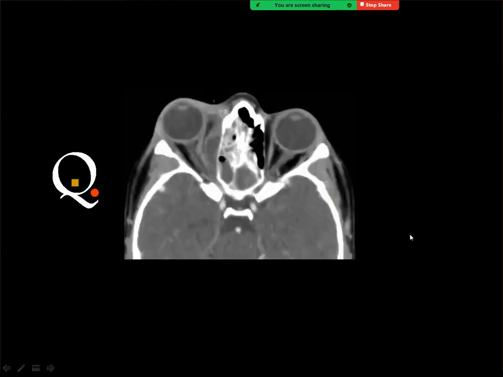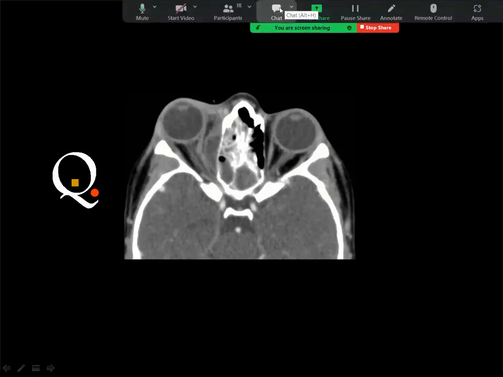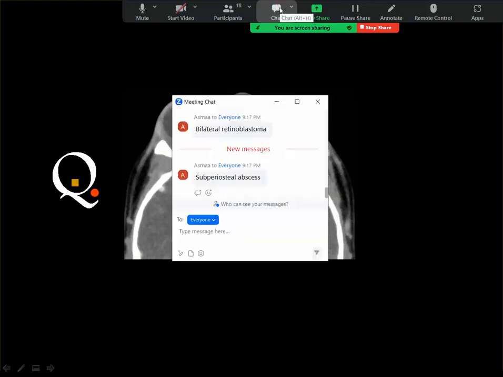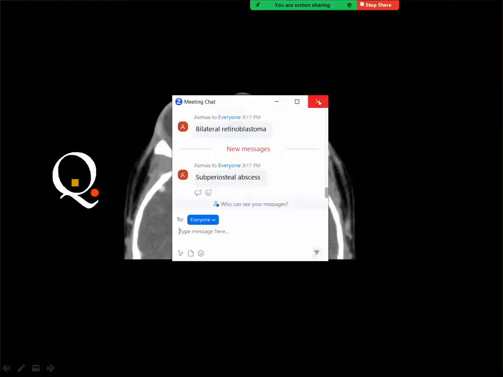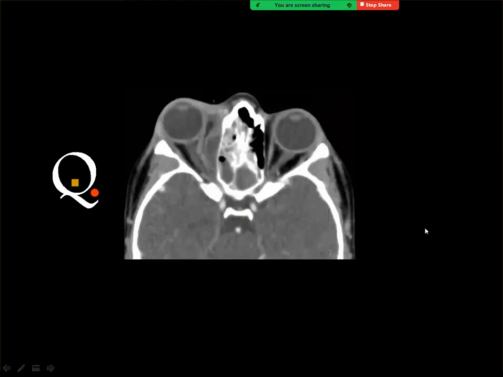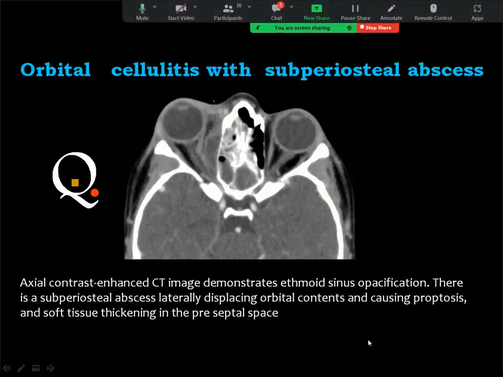Next case is a CT scan of the orbit and paranasal sinuses. Yes, subperiosteal abscess, and the diagnosis should be orbital cellulitis secondary to ethmoidal sinusitis.